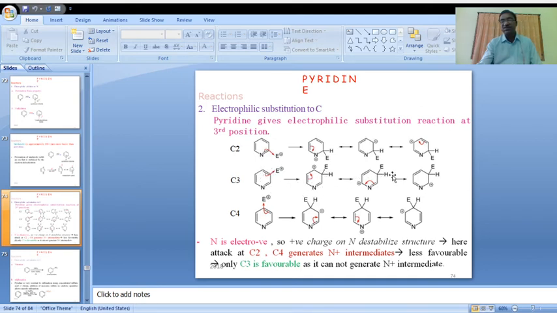Here, the various contributing resonance structures. Please observe in all these structures, on the nitrogen atom, there is no positive charge in any of them. When the electrophile attacks the C3 position, we are getting various resonance structures.